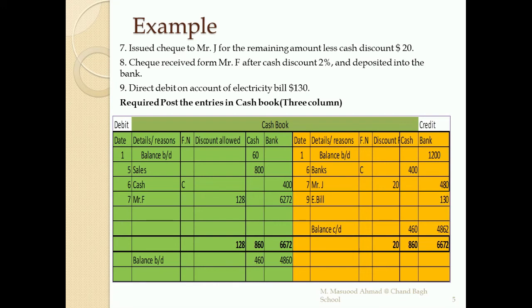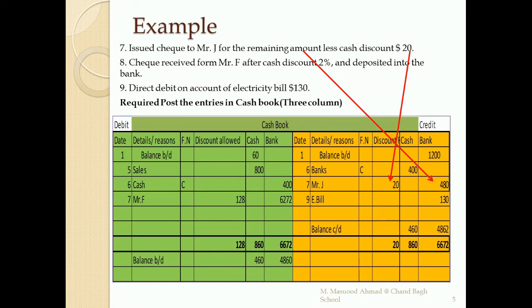When you pay after deducting 20, you have to pay 480. So your bank will decrease. You are issuing a check to Mr. J for 480, so you record it on the credit side of your bank. That shows that your bank is decreasing, and your cash discount is your income, so income is always credited, therefore 20 comes on the credit side of your cash book.